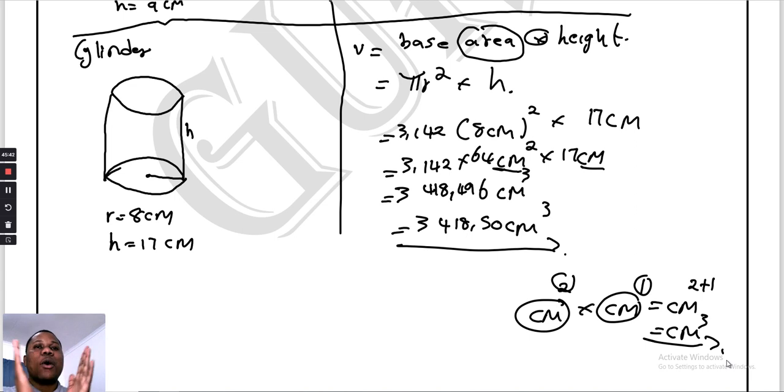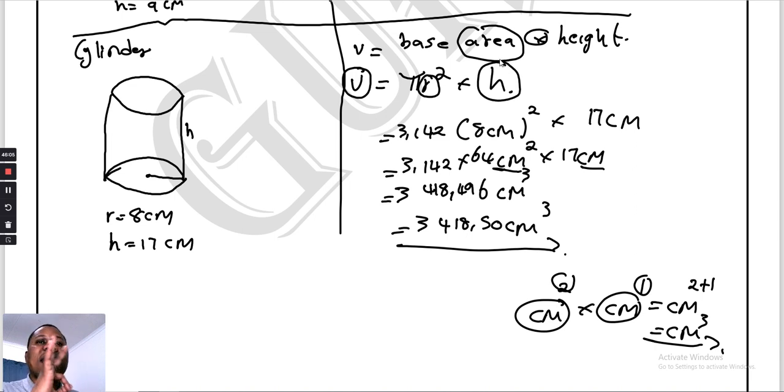Remember guys, in math they cannot always tell you to calculate the volume. Sometimes it will be to calculate the height, but if they say that, you must count how many values are here. One value is volume, one is the radius, one is the height.